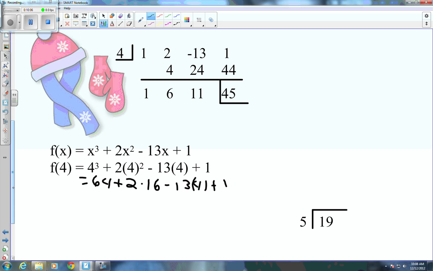So I have 64 plus 32 minus 13 times 4, which is 52, plus 1. So let's see if we add those. 32 minus 52 is negative 20. Negative 20 plus 64 is 44, plus 1 is 45. So it does come out the same.